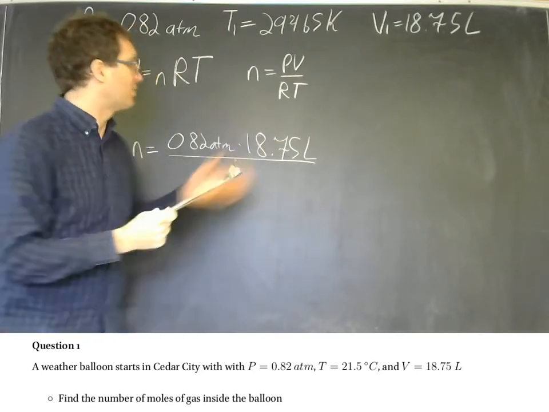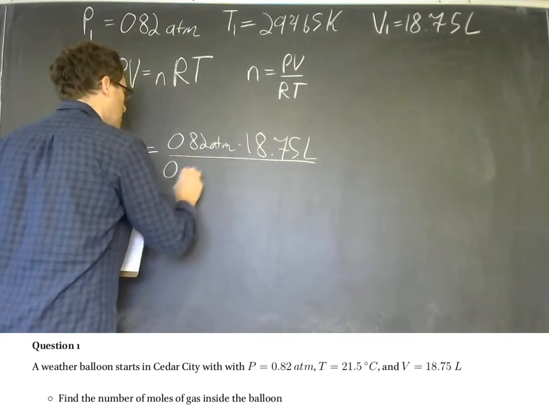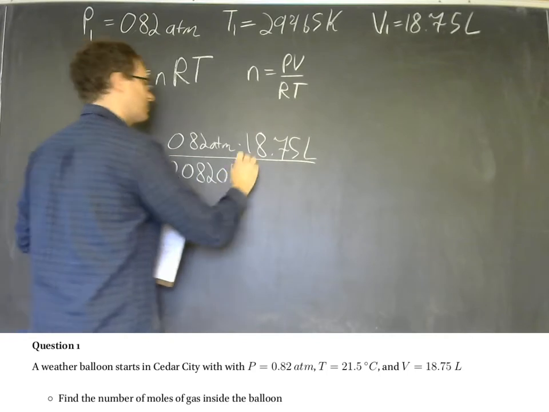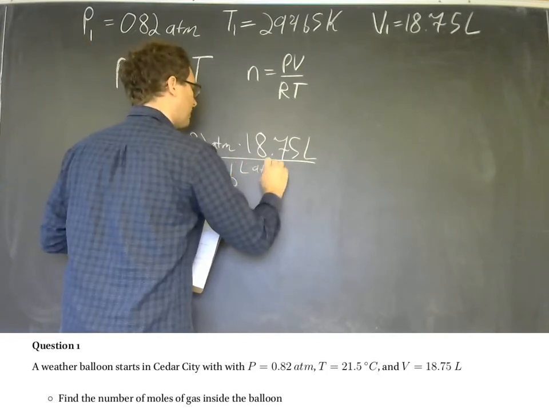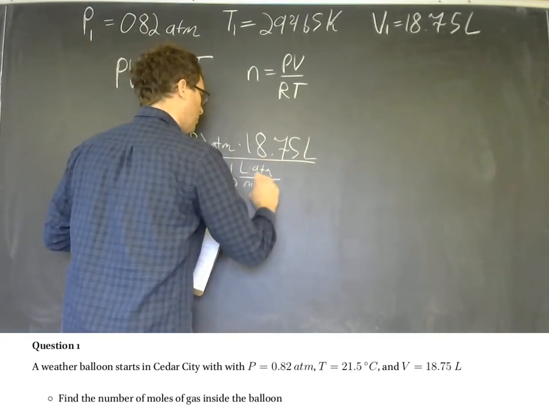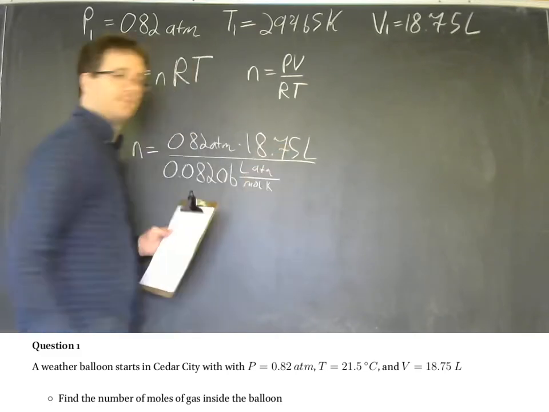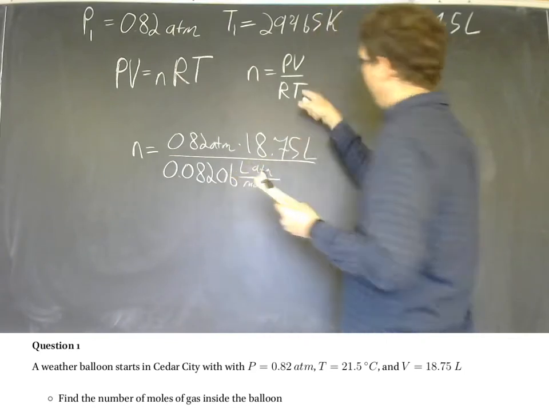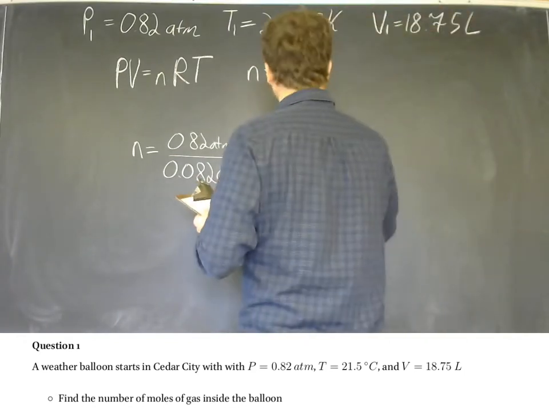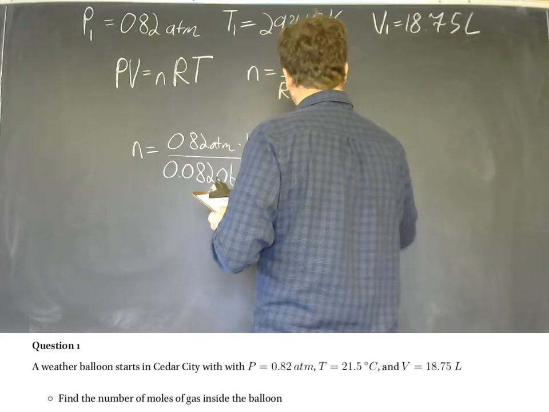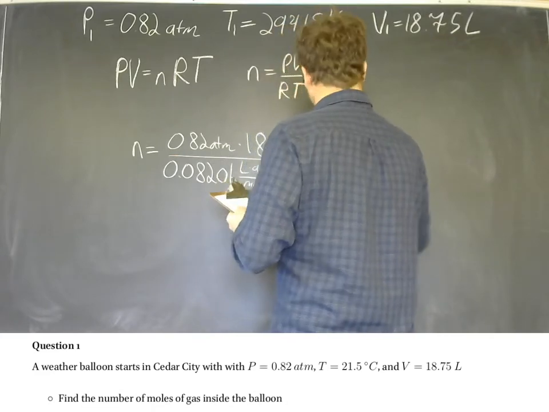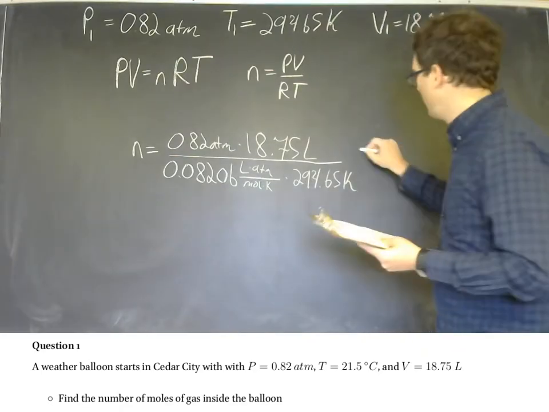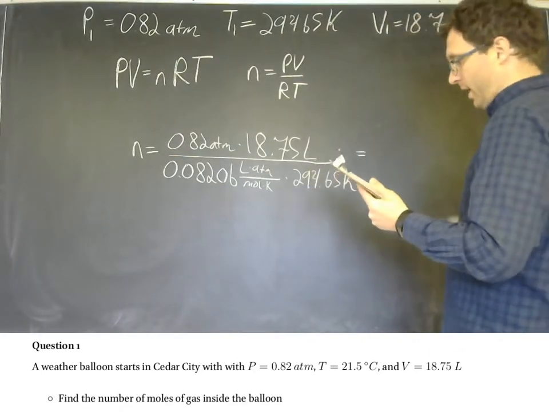In this case we want 0.08206 liters atmospheres per mole Kelvin. And I'll put that in, and the temperature, 294.65 Kelvin.